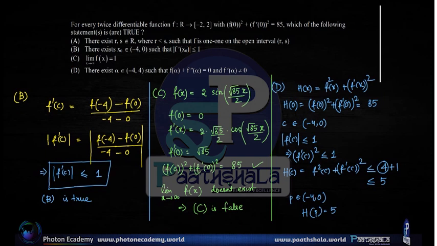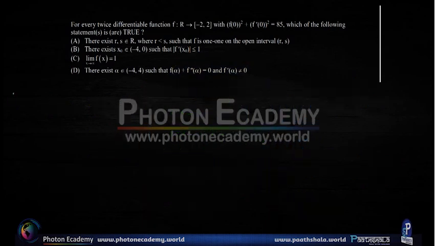Now, we can do the same thing from 0 to 4. We assume again that C1 belongs to 0 to 4.